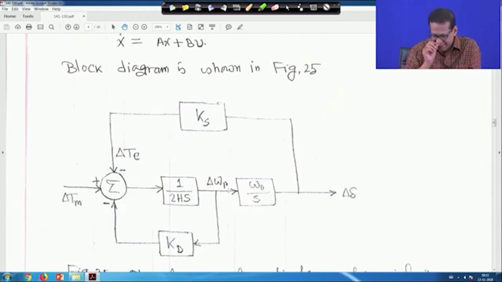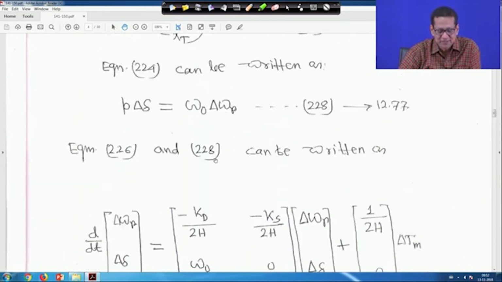And from the second equation, 228, P delta is equal to omega 0 delta omega r.